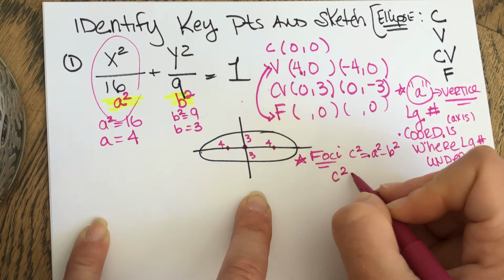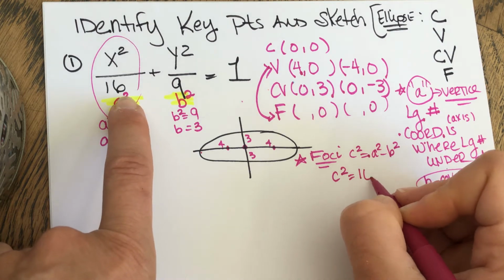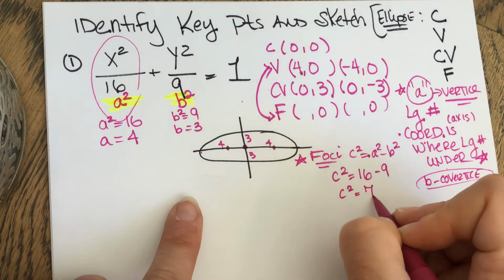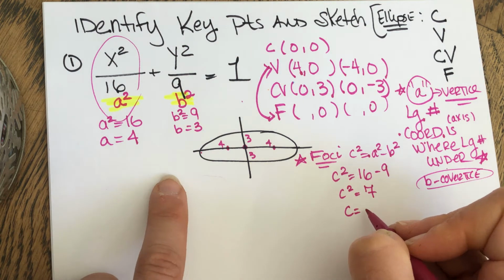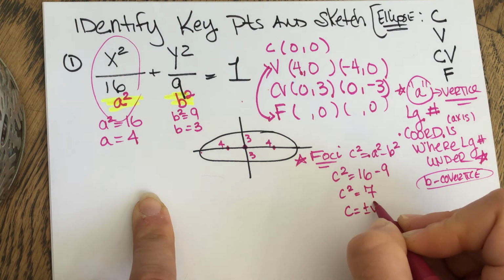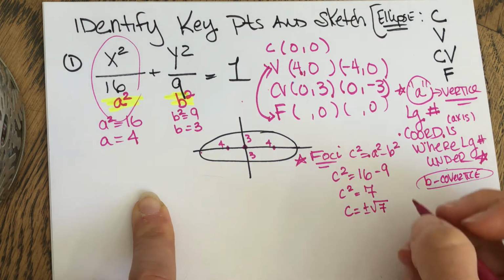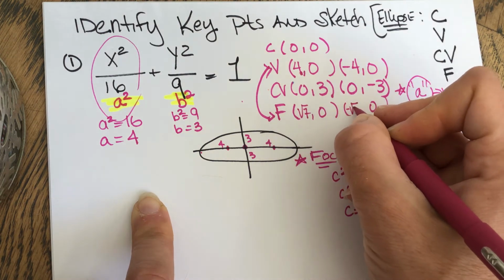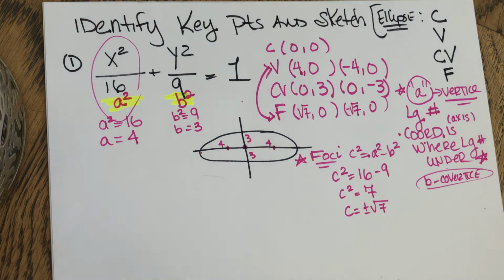So c squared equals, what's my a squared? 16. What's my b squared? 9. So c squared equals 7. So what's c? c is going to equal plus or minus, obviously in this case, radical 7. So radical 7, negative radical 7, and there's your sketch.